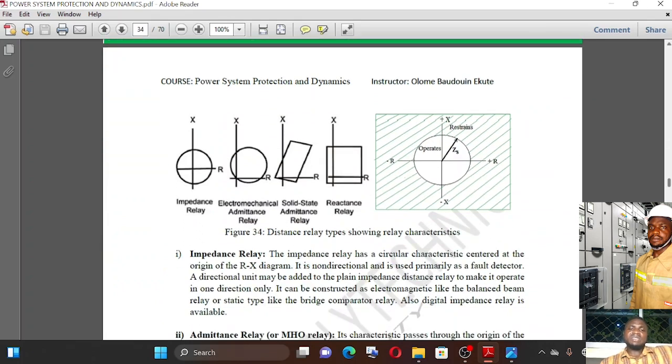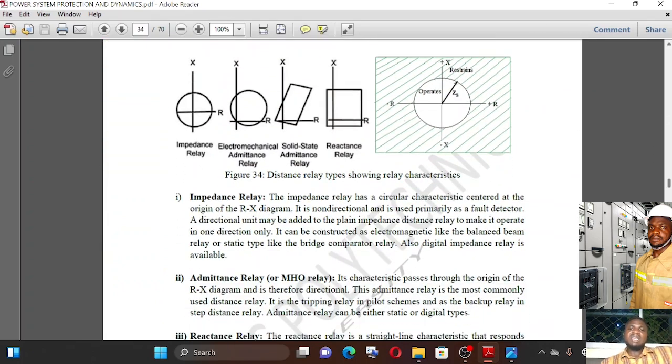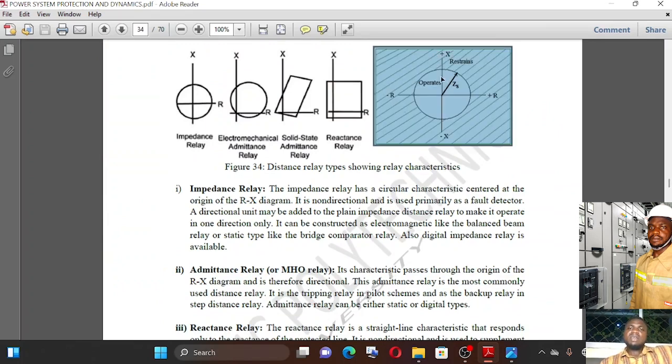Here's the relay characteristic for the distance relay curves. You see this zone, which is empty, shows the zone in which the relay would operate. If the impedance is above this zone, the relay will not operate. That means it is at normal conditions.